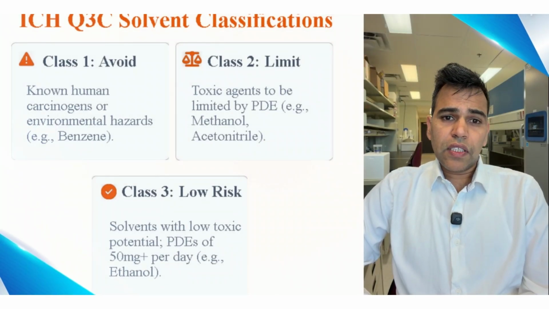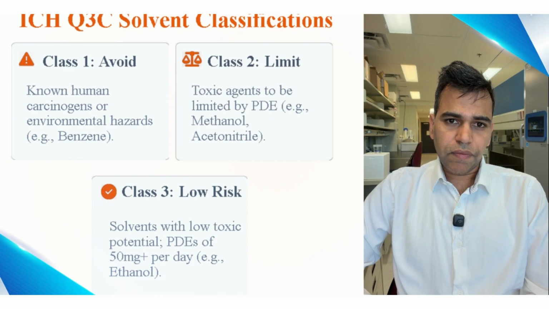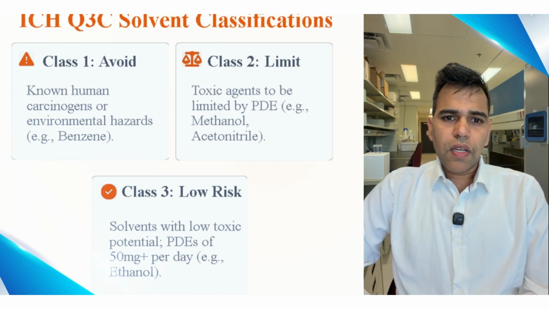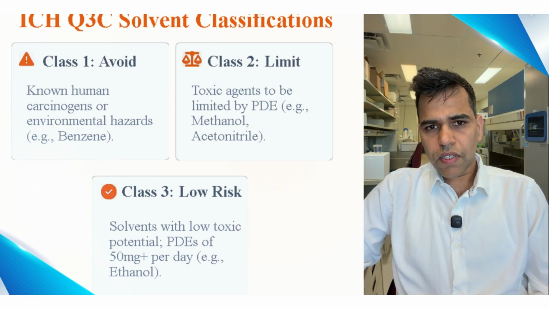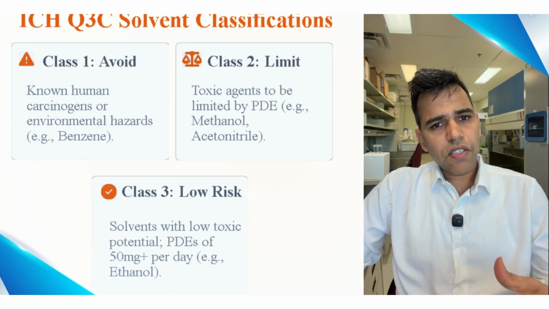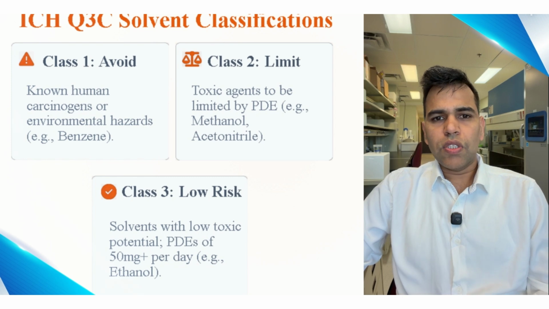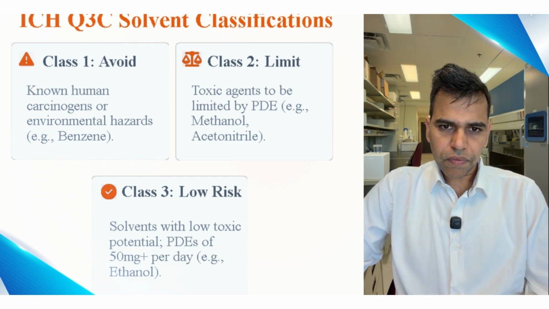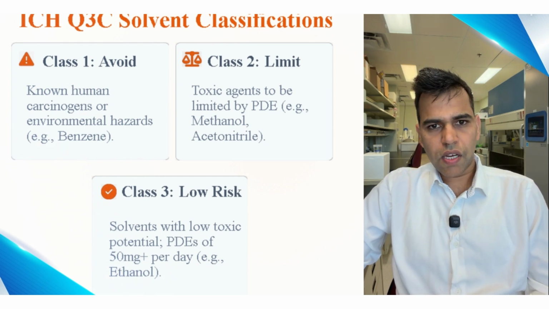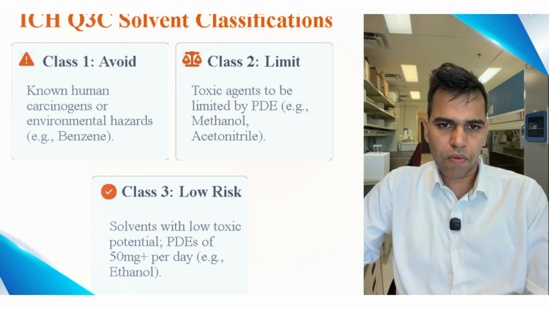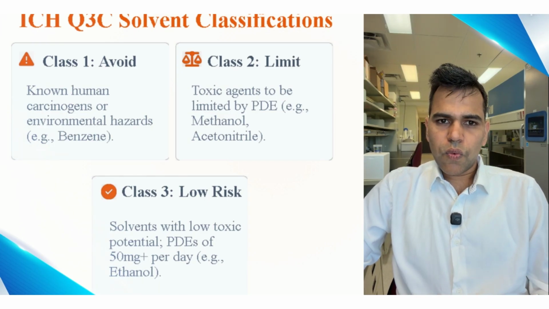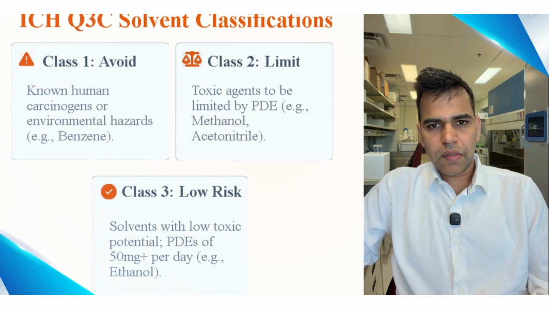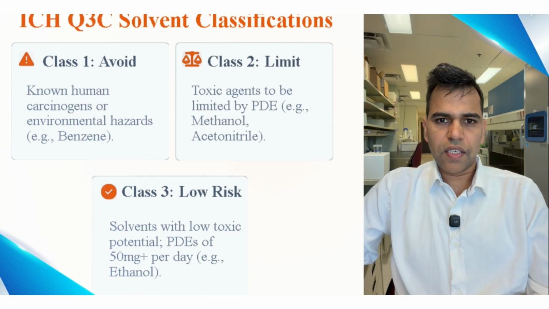ICH Q3C solvent classification. So let's look into the classifications of the solvents. ICH Q3C divides solvents into three main categories: Class 1 solvents, Class 2 solvents, and Class 3 solvents. Class 1 solvents should be avoided completely because they are carcinogenic.